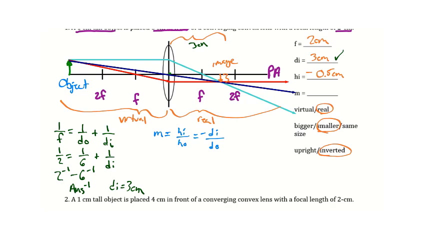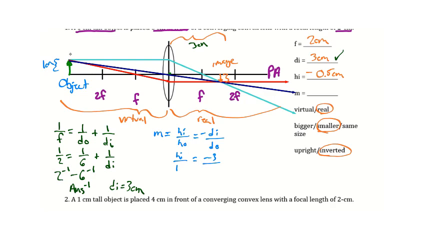Let's go ahead and plug in the information from the problem. So in this case, I'm going to be looking for my image height. That'll be my variable. Our object height was given. That was the height of the object in the beginning that we drew. Again, the height of our green arrow here. And if you remember, that was 1 centimeter tall. So I'm going to put that over 1. My image distance, we already calculated, that was 3. And our object distance was given in the original problem.